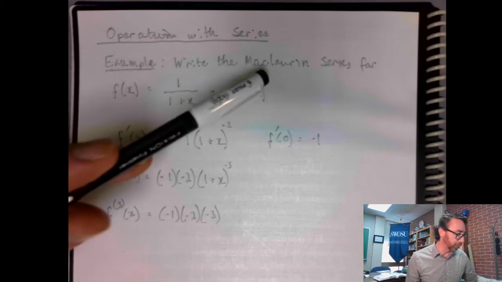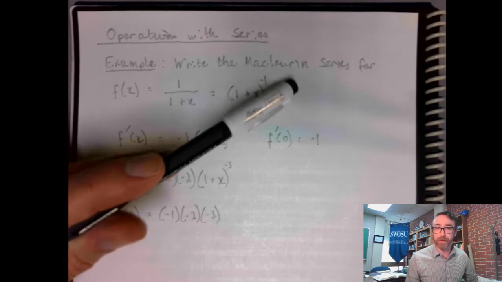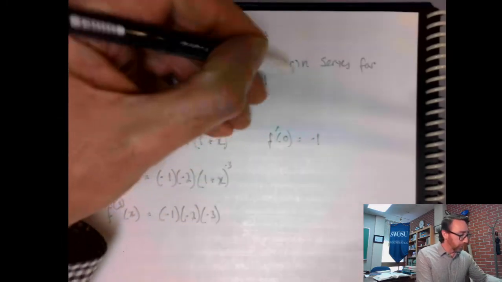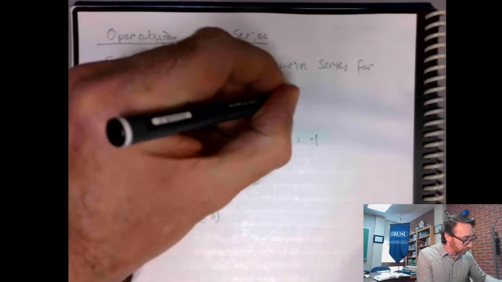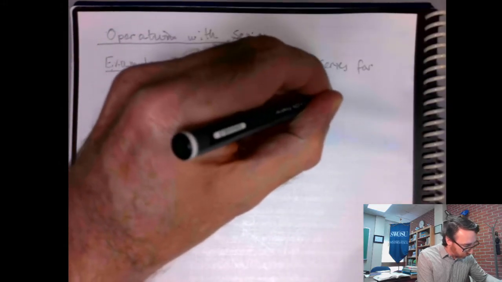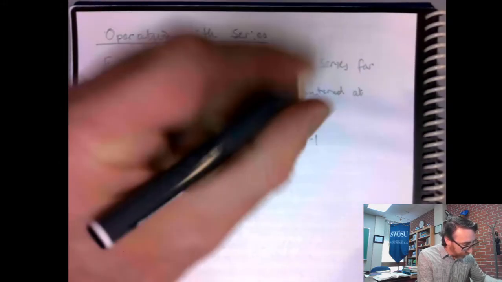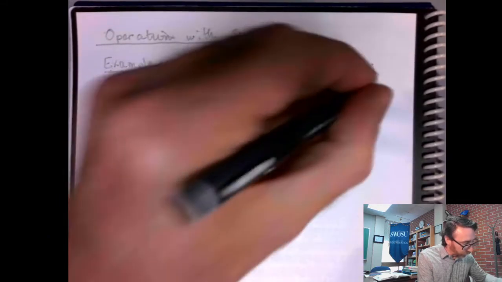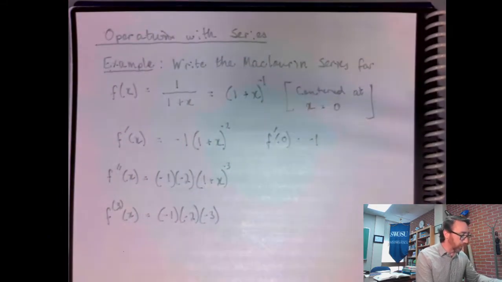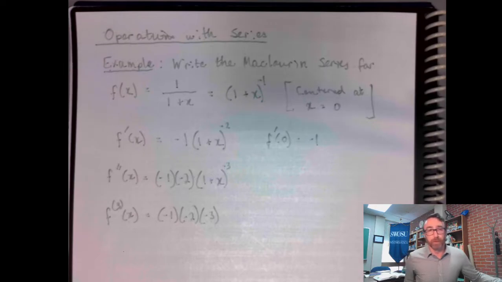And of course, the Maclaurin series is centered at x equals 0.